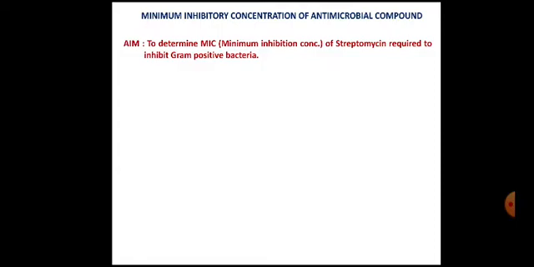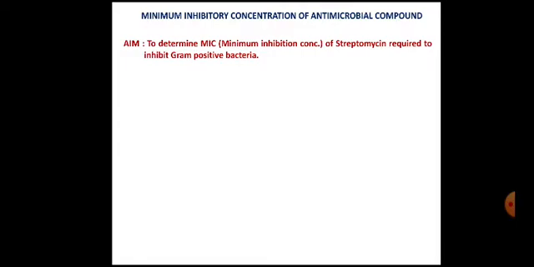So the aim of this practical is to determine the minimum inhibitory concentration, short form MIC. We will determine the MIC of streptomycin antibiotic required to inhibit a gram positive bacterium. In this practical, we'll take streptomycin as an example and determine its minimum concentration to inhibit the growth of an indicator gram positive pathogen.